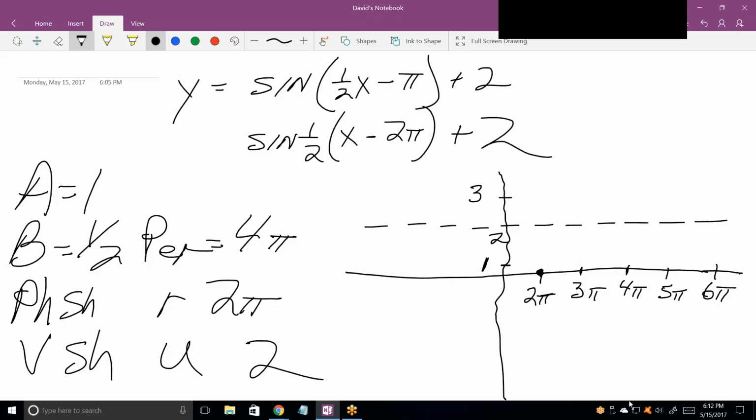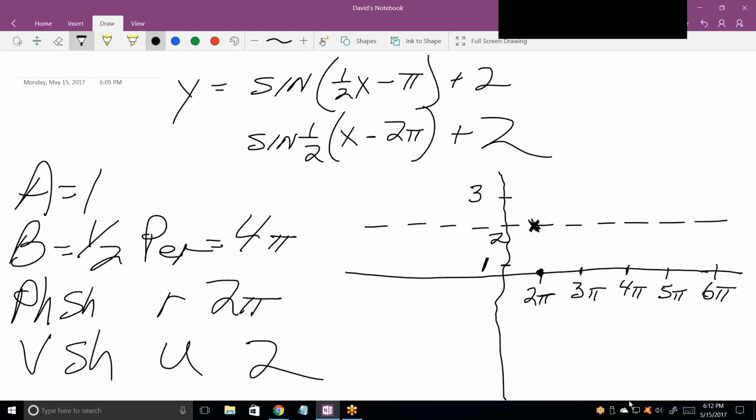Now here's what I know about the sine. I've accounted now for everything in the function. I've accounted for the 1/2, the minus 2 pi, and the 2. So I know my sine starts on the line of symmetry, right? And goes up.